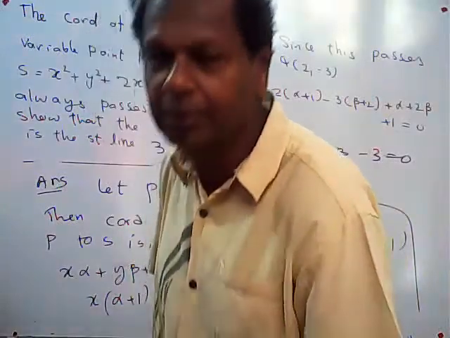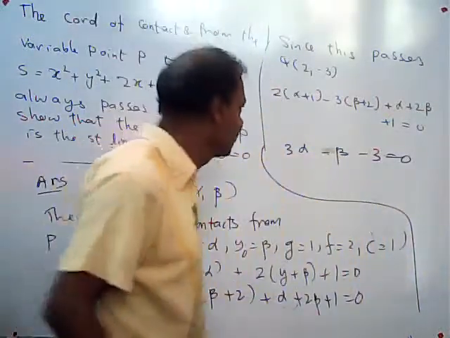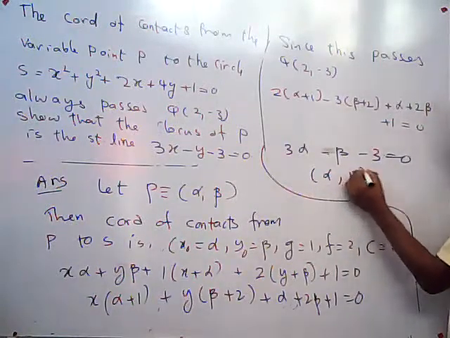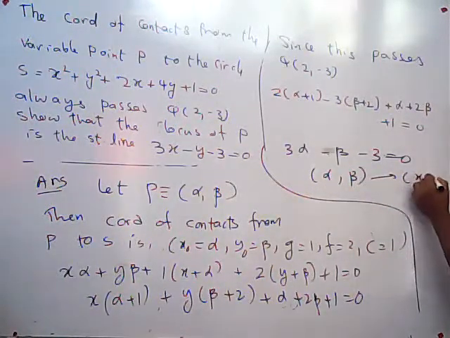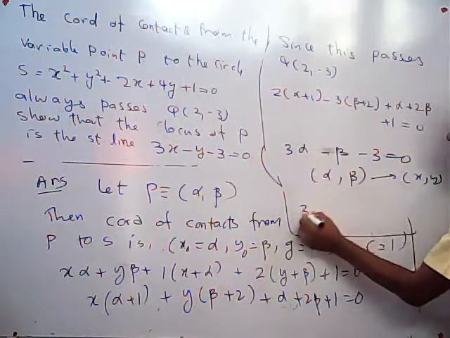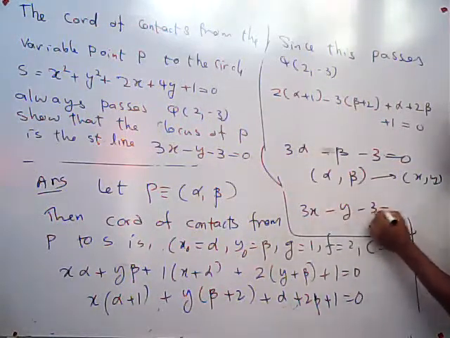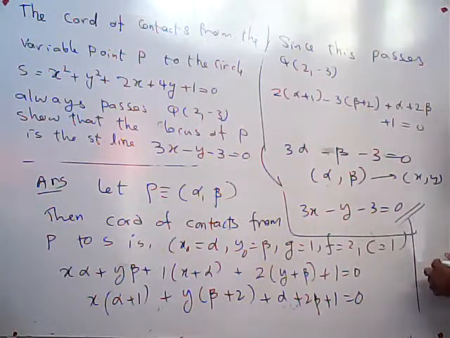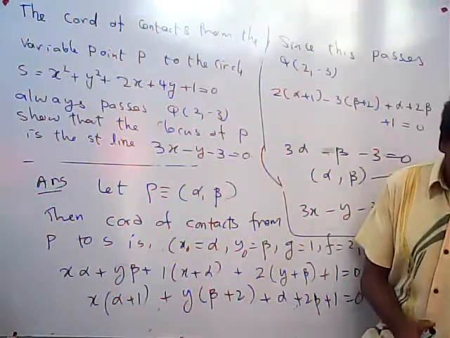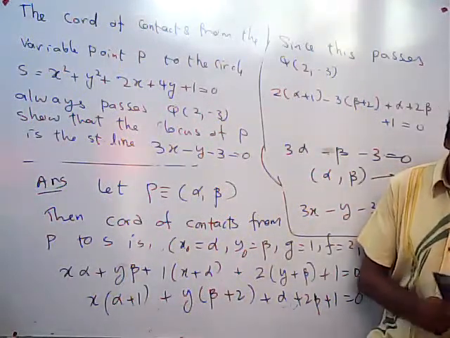Yes, the answers are correct. So replacing alpha, beta by x, y, finally we get 3x minus y minus 3 equals 0. This is the equation of the path of P. Okay, we can go to another question.